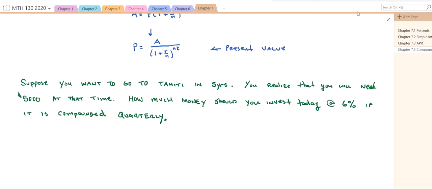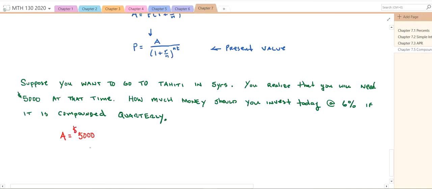Well, using our derived equation above, let's pull the values we need. We're going to need an A, an r, an n, and a t, because we're going to solve for P, since we're looking for a present value. So A is $5,000.